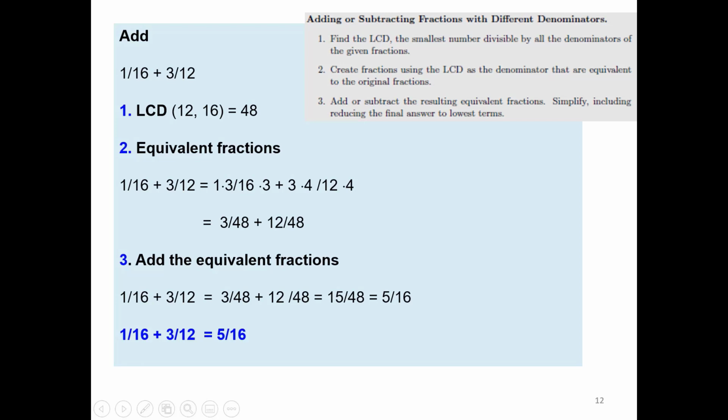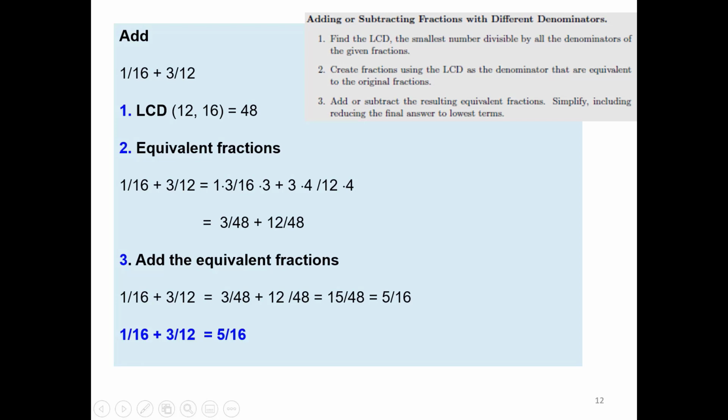Now 1 times 3 is 3, 16 times 3 is 48. 3 times 4 is 12, 12 times 4 is 48. Now we have fractions with the same denominator. This fraction is equivalent to this one, and this fraction is equivalent to this one.